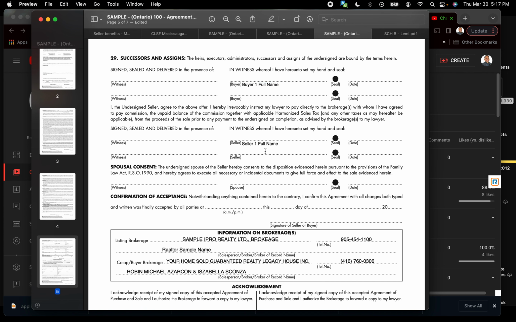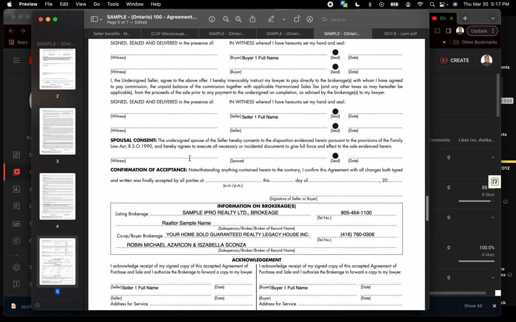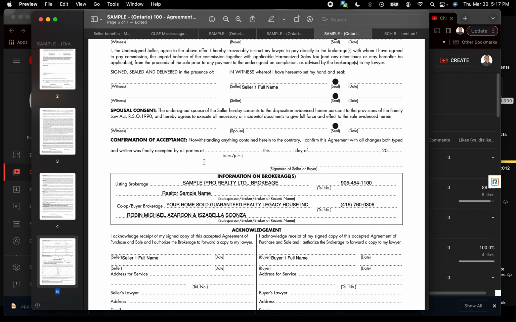And then this is where the sellers are going to be signing as well. And if we have an approval, this is where the confirmation of acceptance is going to be. Meaning if the seller accepts it or the buyer accepts it, this is where the signatures are going to be placed, and it will be dated.